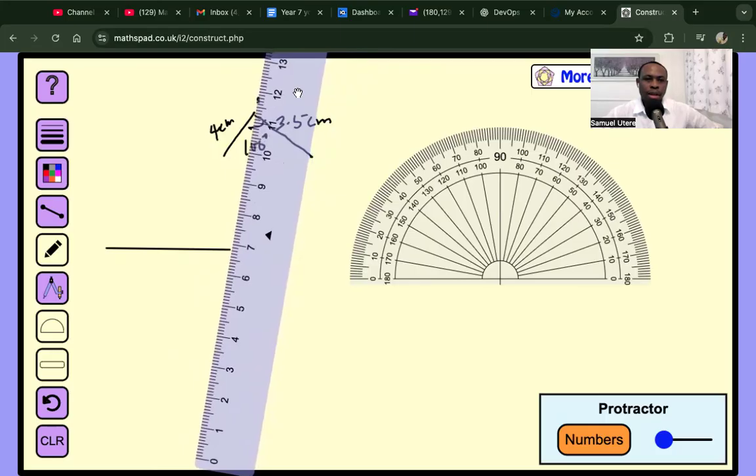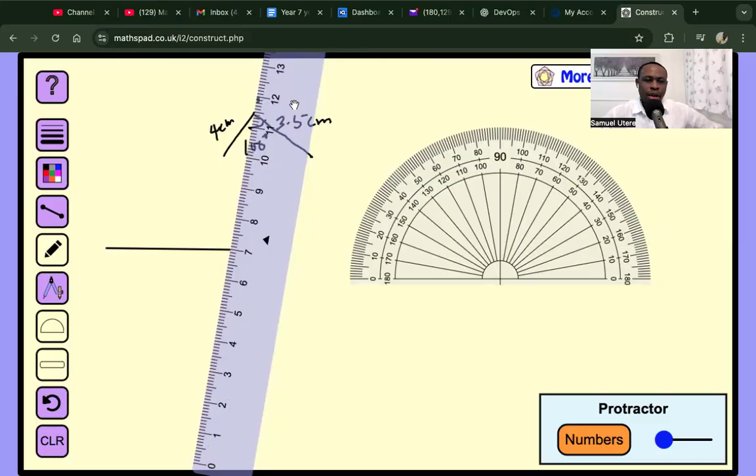We want to measure 3.5 centimeters. I haven't been able to place it at exactly 0, but I know that if I add 3.5 to 7, I'm going to be at 10.5. So I want to mark 10.5, which is about here. I'll take my pencil and just draw, stopping at 10.5, about here.